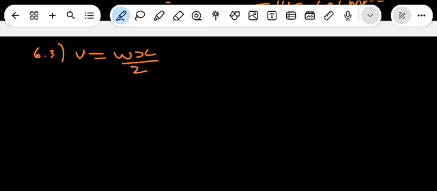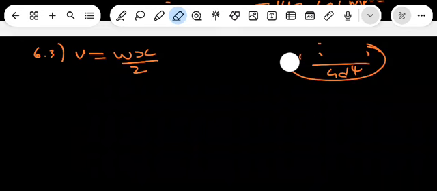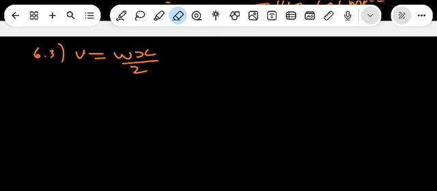Someone can also use the equation 4 W squared D cubed N divided by G d to the 4. It's up to you, but I will use the first formula. We all have this formula in our textbook.